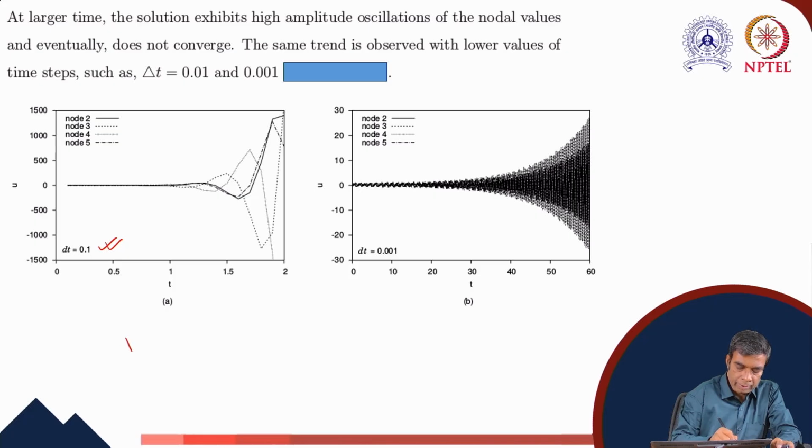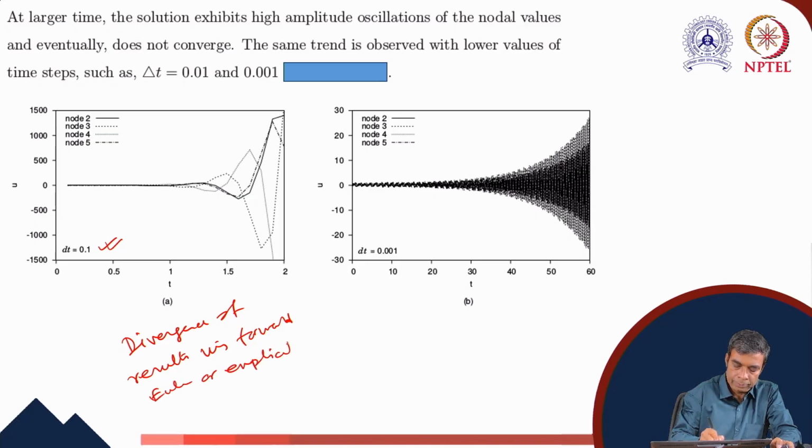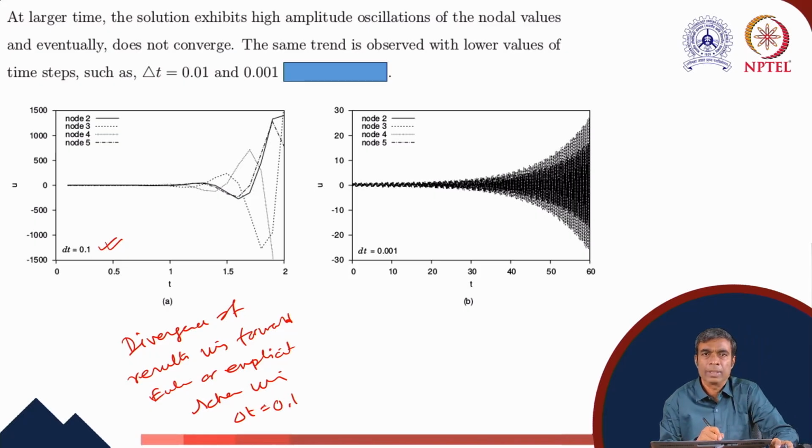So divergence of results using forward Euler or explicit scheme using delta t equals to 0.1. We have considered a very small time step delta t equals to 0.001, that is shown here in figure B. So in this case also we have found that the results are diverging.